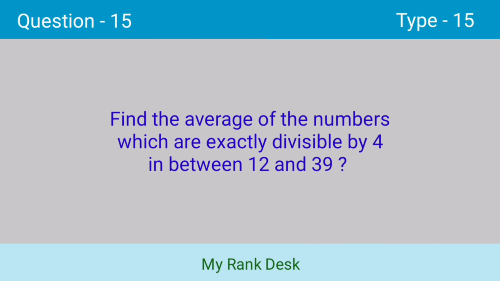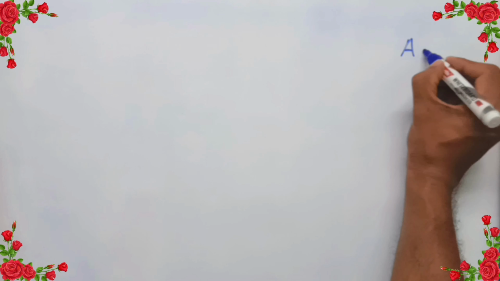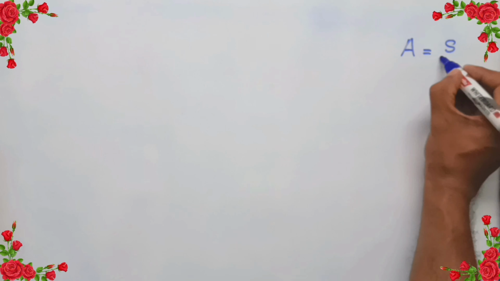Find sum of the numbers. On dividing the sum of the multiples of 4 in between 12 and 39 by the number of terms, the quotient must be the average of the multiples of 4 in between 12 and 39. Let's solve the problem. We know that average equal to sum by number.